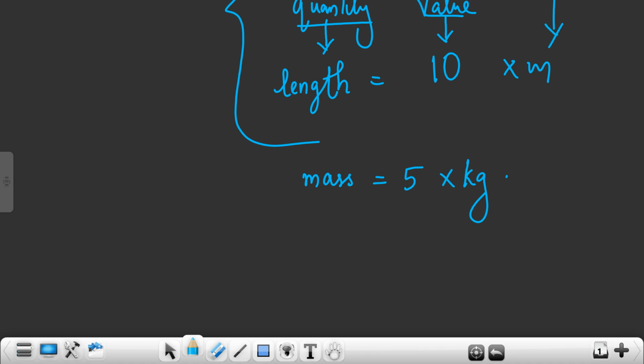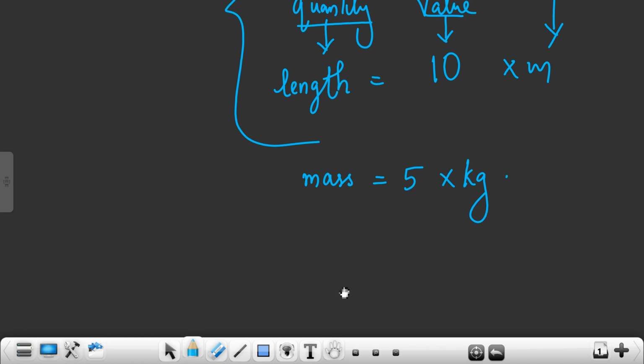First is the unit, and second is the numerical value or magnitude, which expresses how many times the unit is contained in the given quantity. So length, mass, time, temperature, etc. are physical quantities, expressed in terms of numerical value and unit.